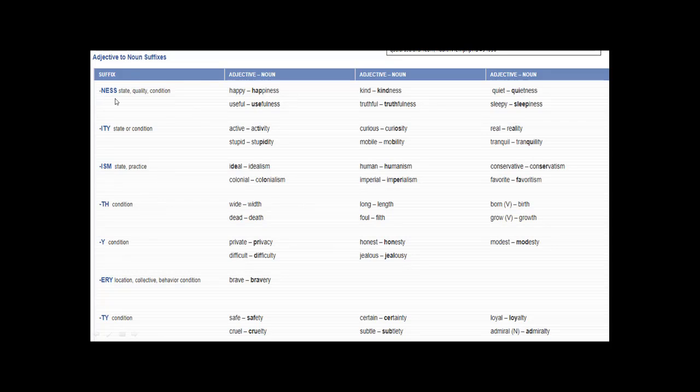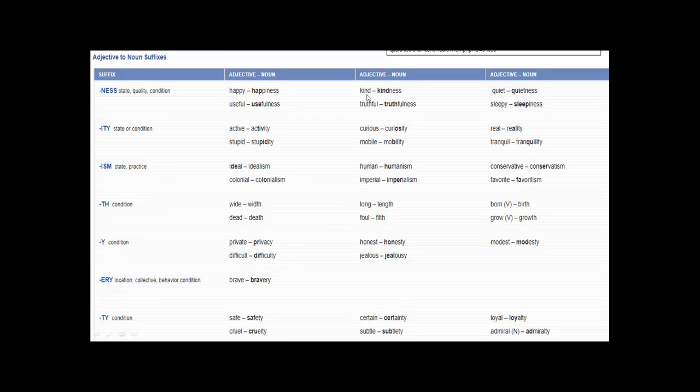Let's start with the NESS, which generally gives a noun which describes a state, a quality, or a condition, like happiness, derived from happy. Note that the Y was dropped and replaced with I.